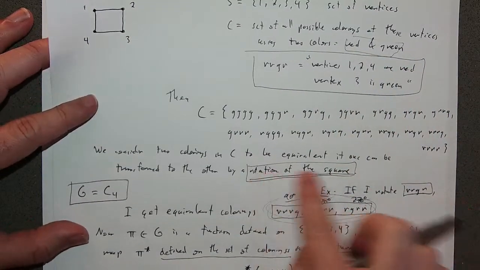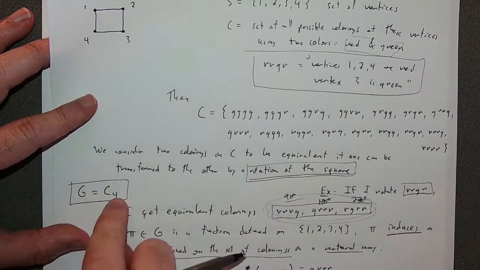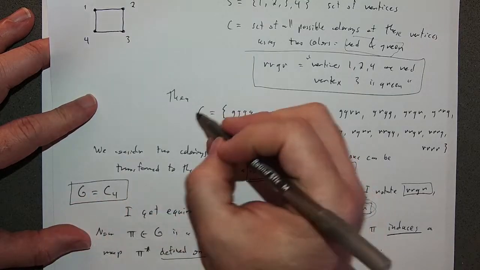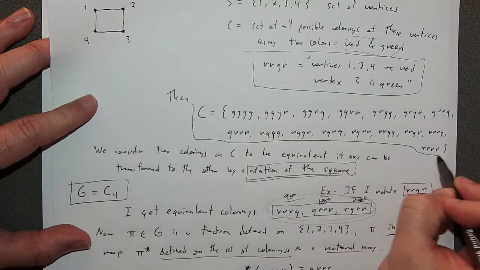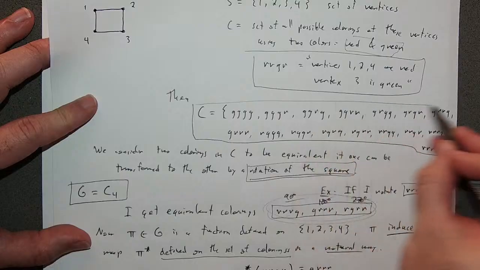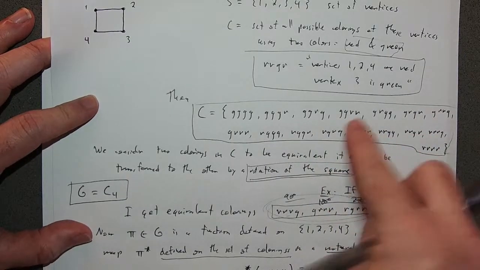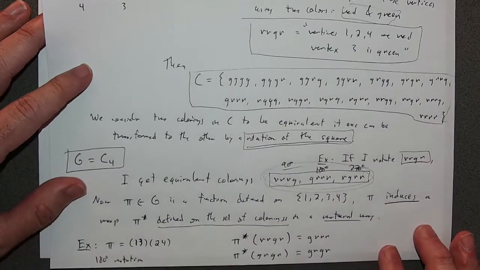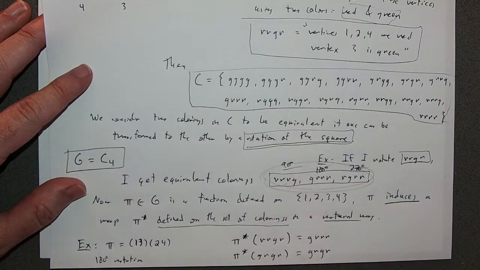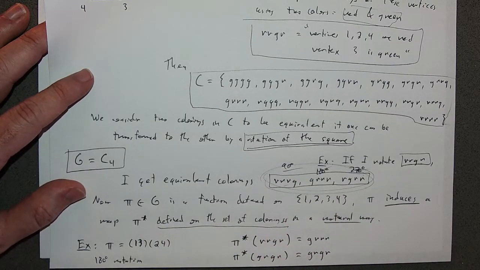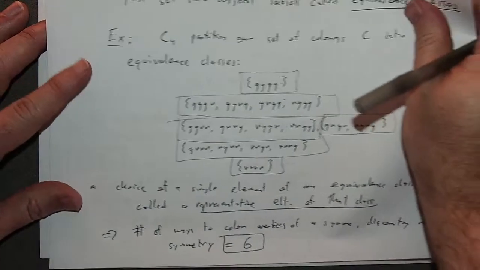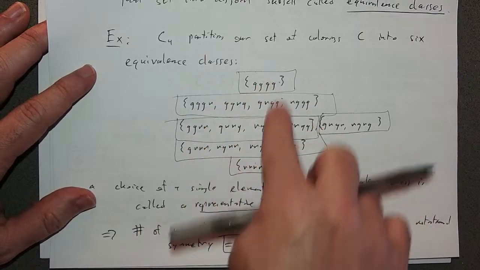We are only talking about rotational symmetry, so our group is the cyclic group. Here is the set of all colorings. There's what it looks like. Once we had defined what equivalent colorings were, we saw that this had equivalence classes of this form.